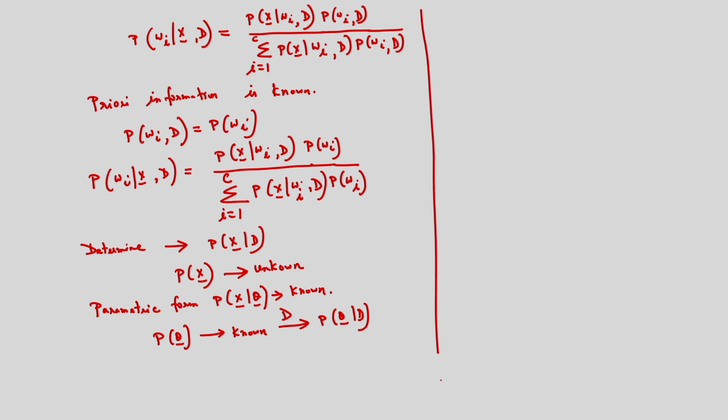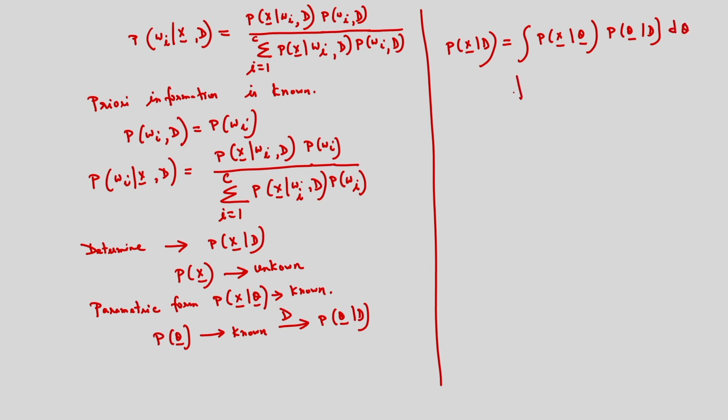So I have to determine the probability of x given D. That is nothing but the integral of the probability of x given theta and the probability of theta given D, d theta.